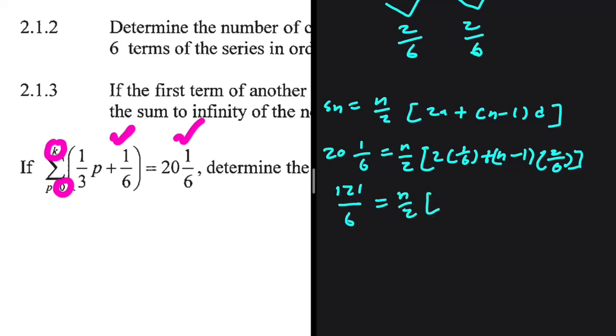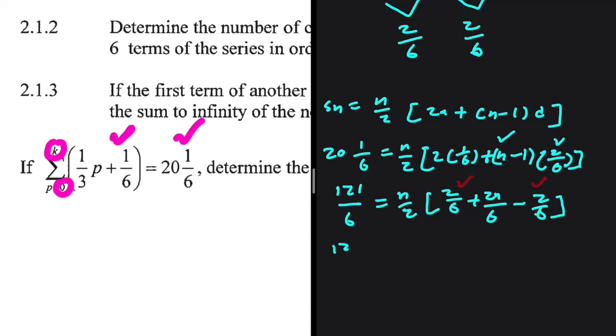And then 2 multiplied by 1 divided by 6 is 2 divided by 6. And then n multiplied by 2 divided by 6 is going to be 2n divided by 6. And then minus 2 divided by 6. As you can clearly see, 2 divided by 6 minus 2 divided by 6 will give us 0.